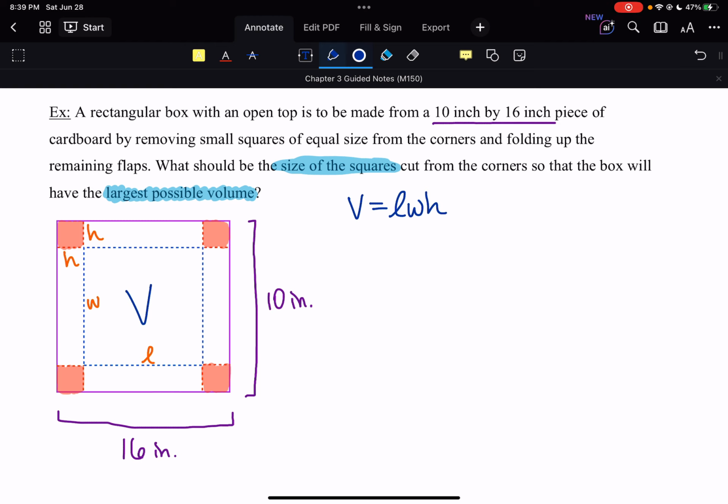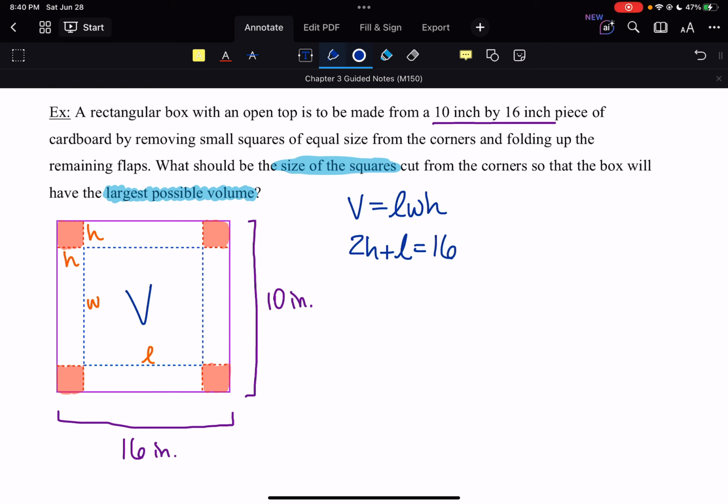So I know that for the 16, for example, these three pieces would add together to give 16. That's going to be an H, and an L. Right? So we know that 2h plus L is 16.